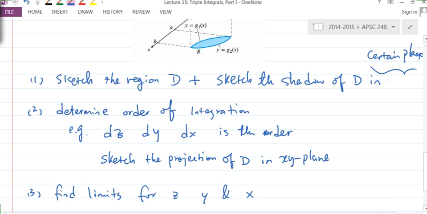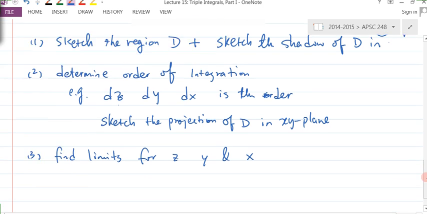You can think of the other order now. If you decided to integrate with respect to y first, then you have to look at the projection of D in which plane? If it's y first, the xz plane. That's very important.